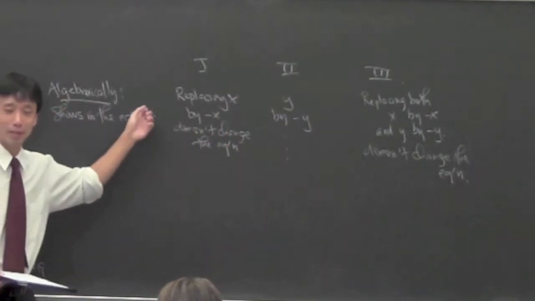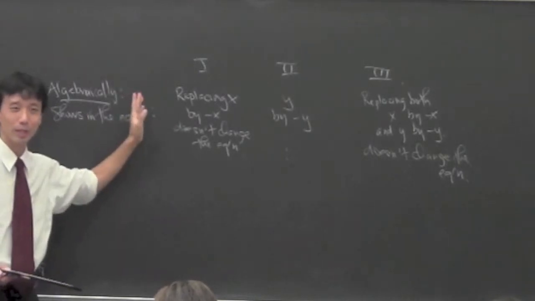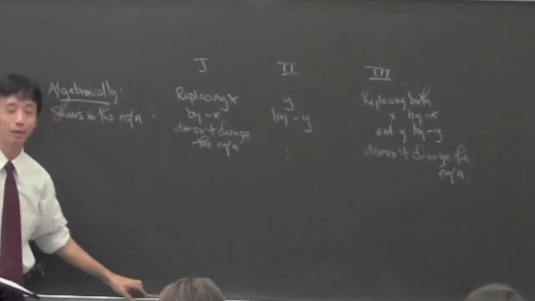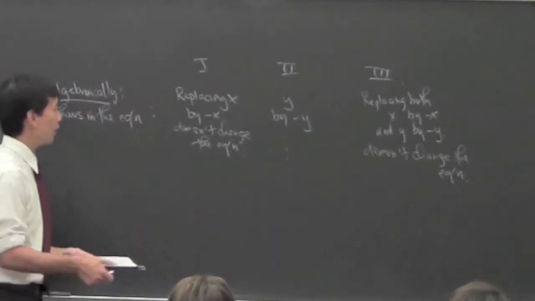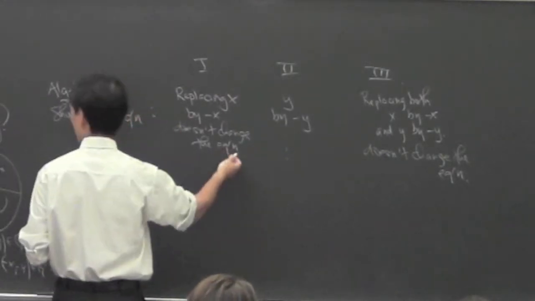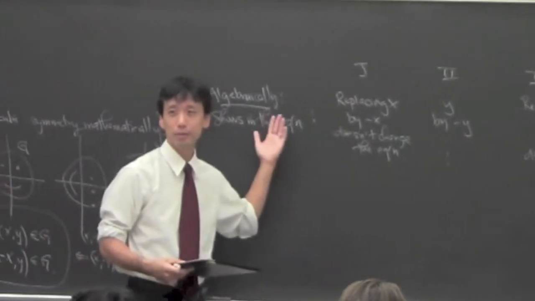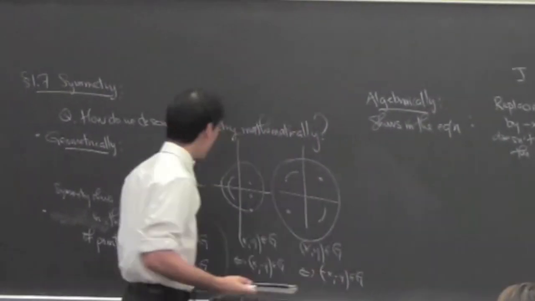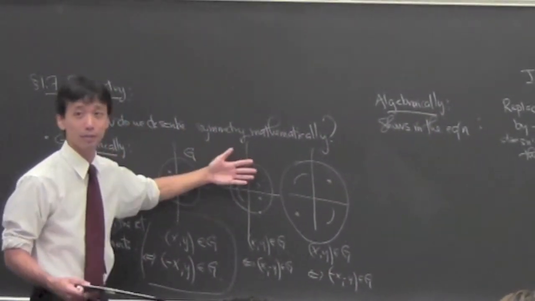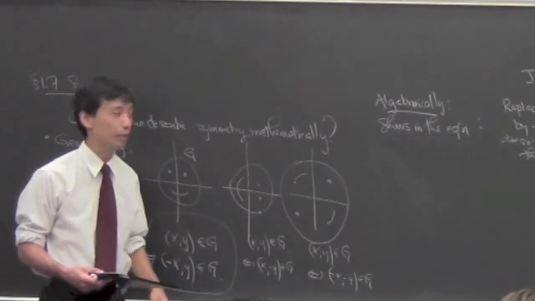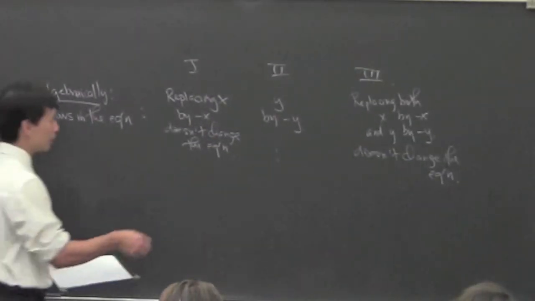If that's not clear at this point, hold on a second and we'll do some examples. This first symmetry is called symmetry about the y-axis, symmetry about the x-axis, and the last one's called symmetry about the origin. So that's how we call them.